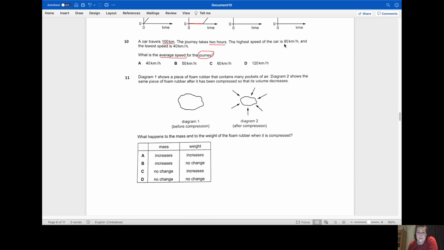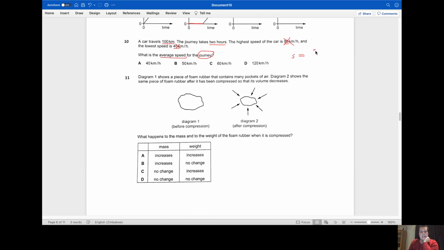These two speeds, 80 and 40, would have been at a specific point in time. We don't care about that. We care about the whole journey. So in actual fact, we didn't even need to know this. Because the first sentence tells me a car travels 100 kilometers for 2 hours.